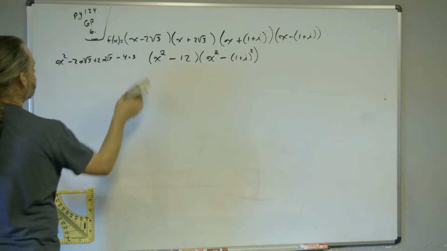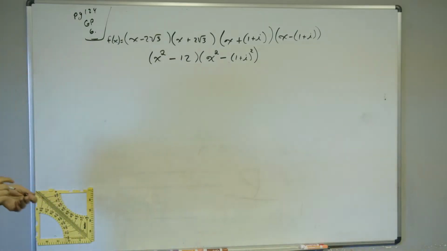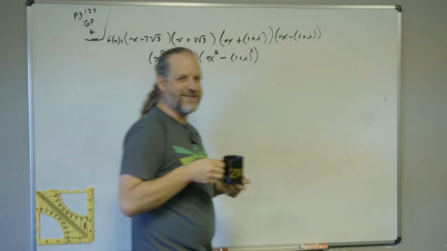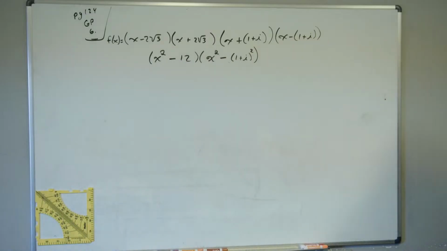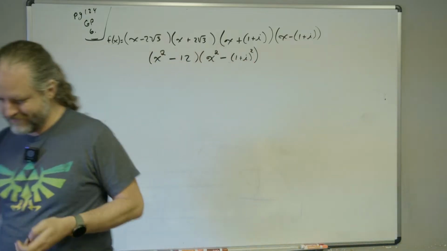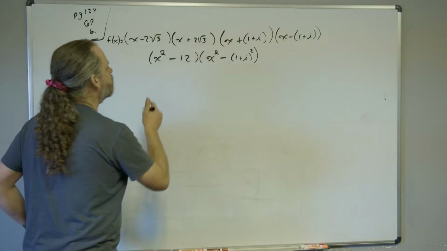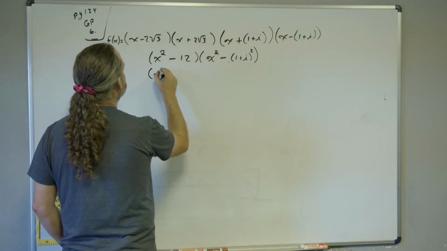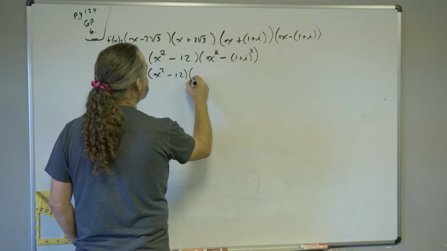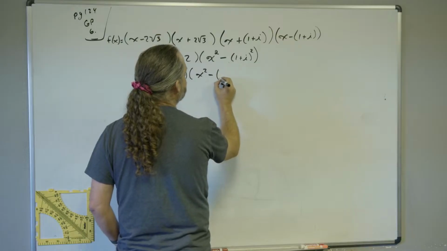This isn't working. What does that even mean? My current answer is x to the 4th minus 12x squared minus 2ix squared plus 24i. Yeah, it definitely did something wrong, because the i's are going to go away if you do it right. Wait, what did you get? I got x to the 4th minus 12x squared minus 2ix squared. Oh wait, do I have to distribute that negative? It was plus 2i.